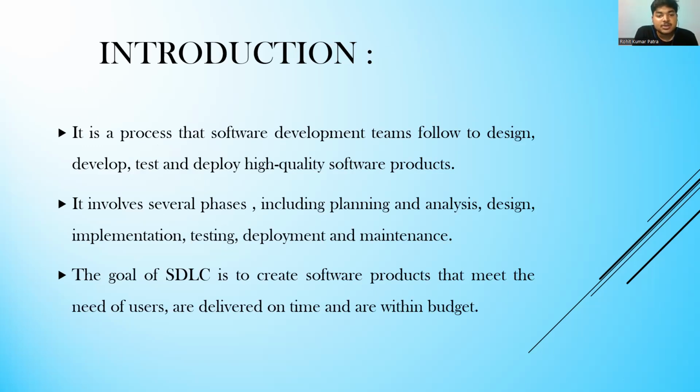So here is the introduction of my task. It is a process that a software development team follows to design, develop, test, and deploy a high quality software product. The software development life cycle is a way to represent tasks sequentially. Before developing a project, the software team manages the project in sequence: first requirement gathering and analysis, then design, then implementation, then testing, then deployment, then maintenance.